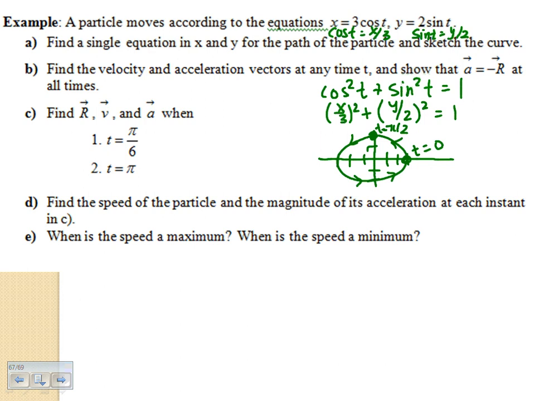Okay, so B now says find the velocity and acceleration vectors at any time t, and then show that the vector A is equal to negative vector r. And vector r is just your position vector here. So let's go find those vectors. Well, what's vector r?